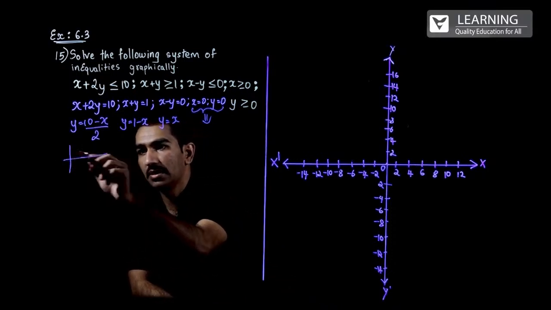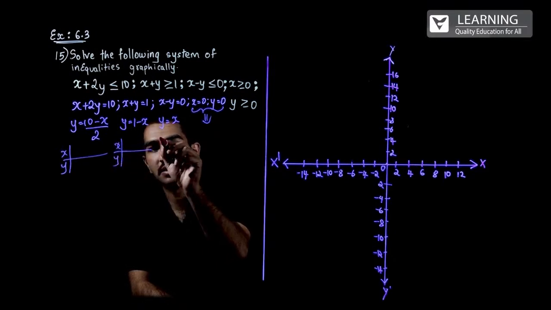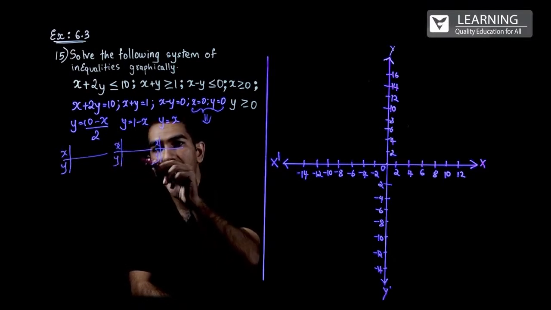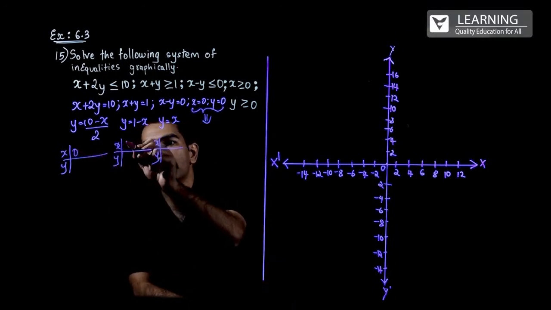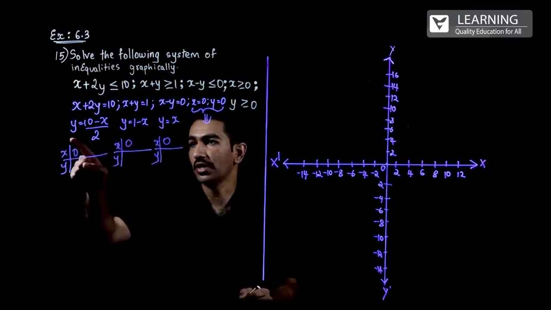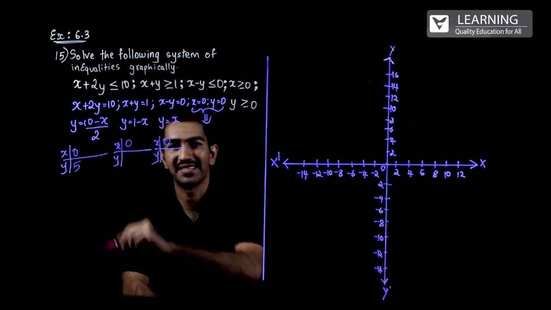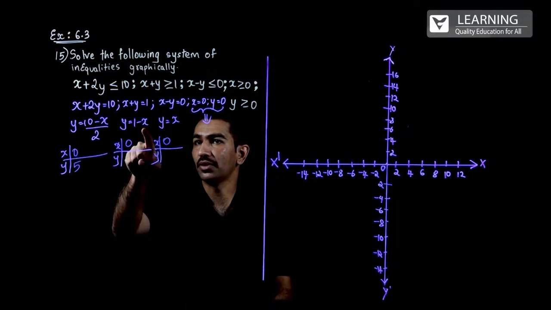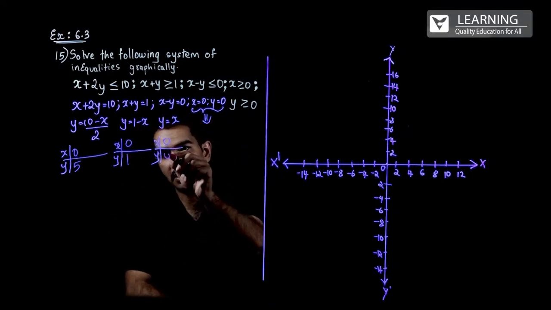Draw the table here, x y, same thing here as well, x y. Now see this. Put x equal to 0 in each case. When you put x equal to 0 here, 2 fives are 10, y will be equal to 5. Got it? Same thing here, put x equal to 0, you will get y equal to 1. Put x equal to 0, you will get y equal to 0.